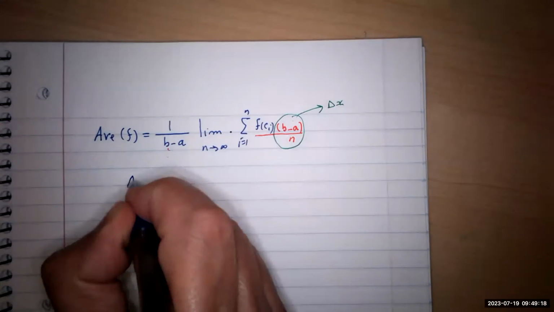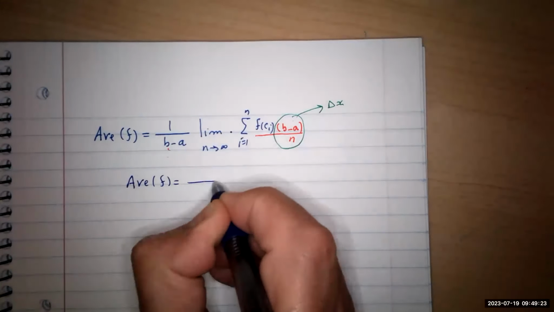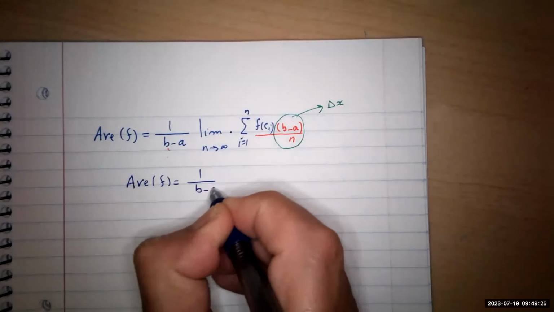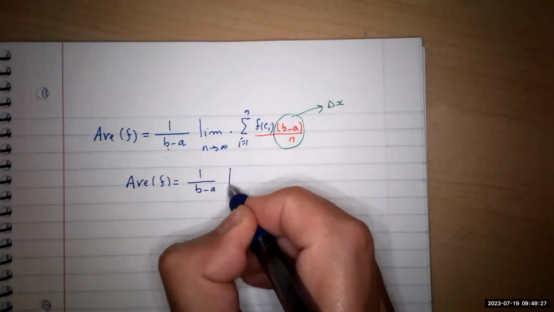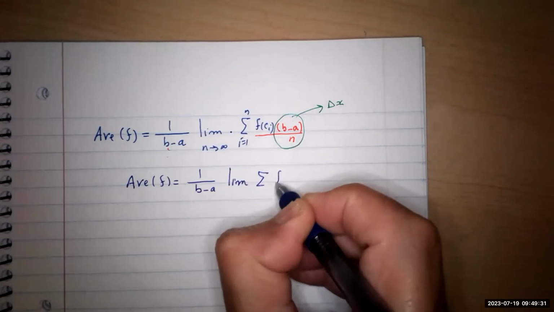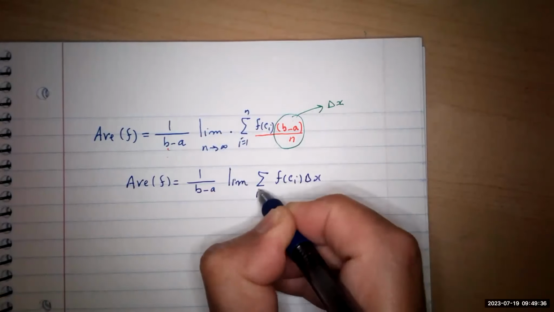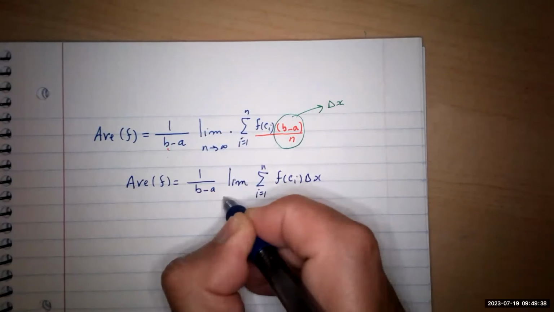So I created a nice formula: the average value of a function is equal to 1 over b minus a, times the limit of the sum of f of ci times delta x, i from 1 to n, as n goes to infinity.